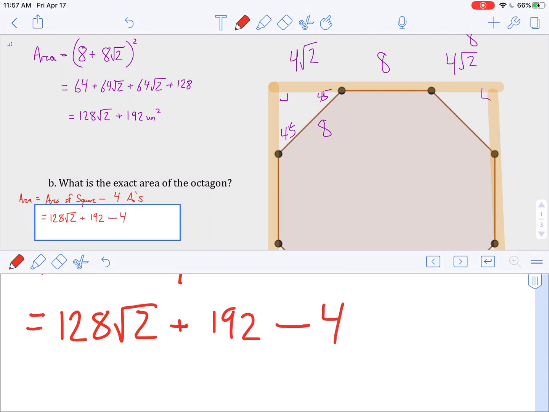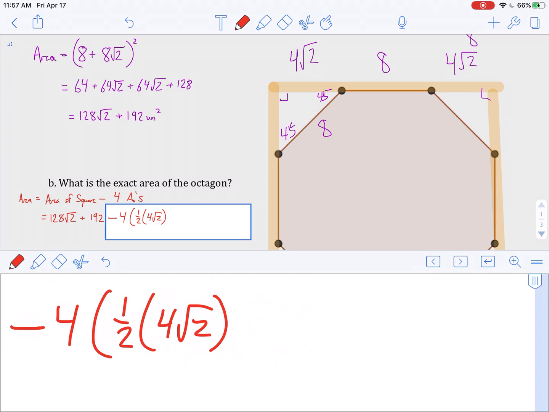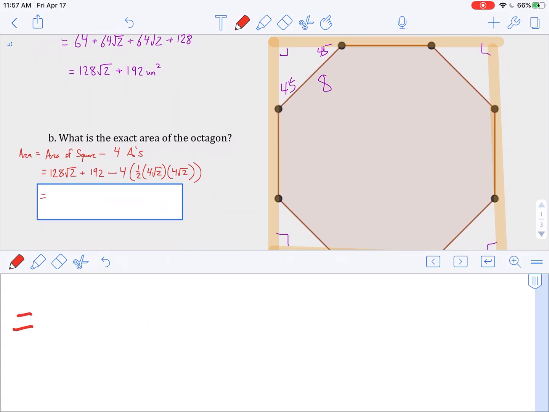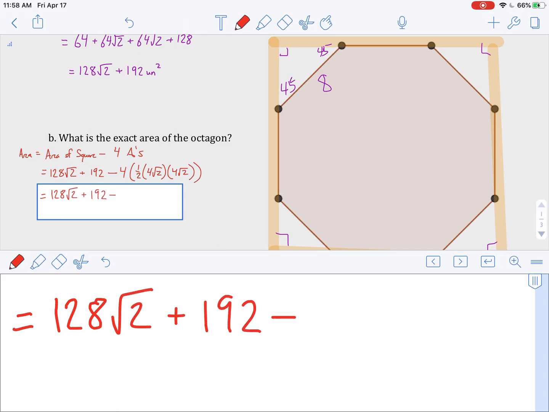And we're going to subtract 4 times 1/2 times the base, 4 root 2, times the height, which is also 4 root 2. And then we're going to simplify. So 4 root 2 times 4 root 2, remember the root 2 squared, that's going to be 16 times 2.